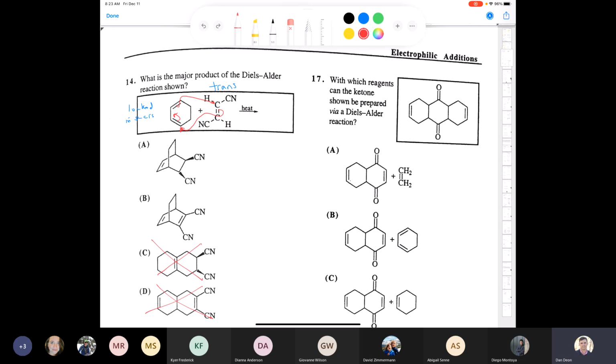Huge problem. Because when you draw the product of this mechanism, right, you're going to have the 1, 2, 3. So here we go. These are the 6 carbons of the ring. You're going to have a double bond here, okay? Then you're going to have the bond to the 2 carbons of your dienophile.